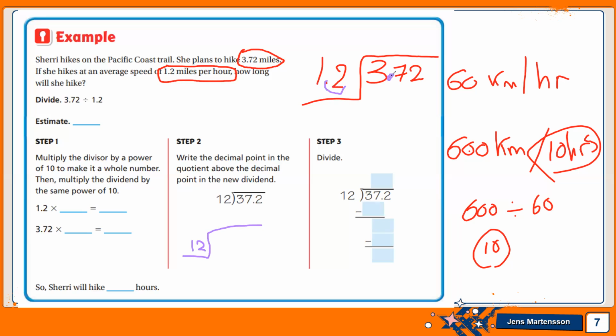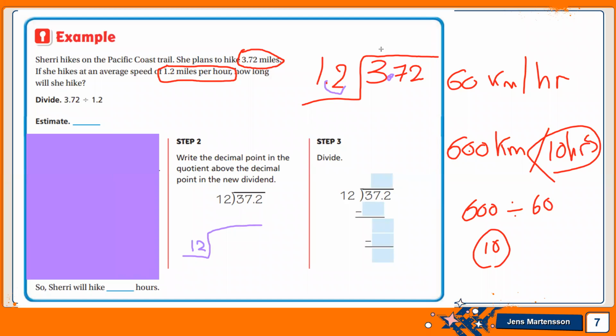After how many digits should I move the decimal point? 1 digit. Bravo. So it will be 37.2. Now then, you will divide 37.2 divided by 12.